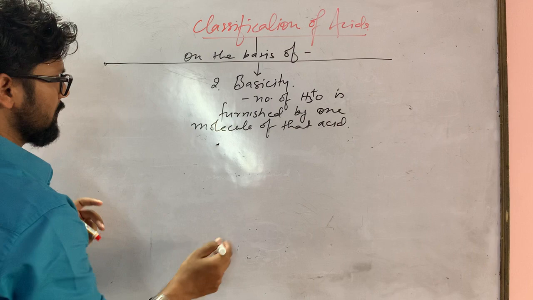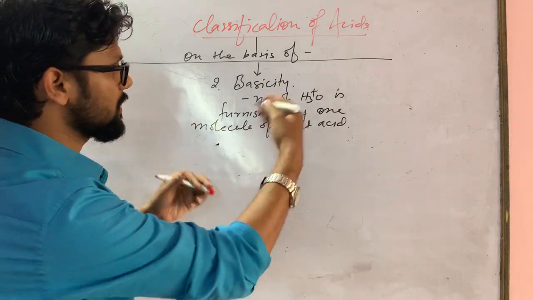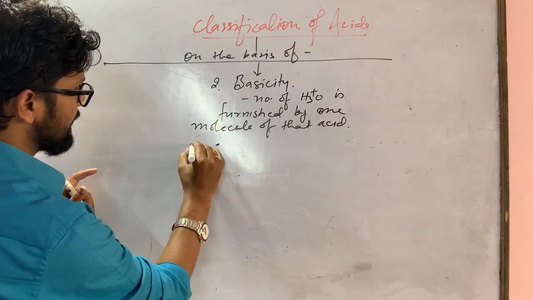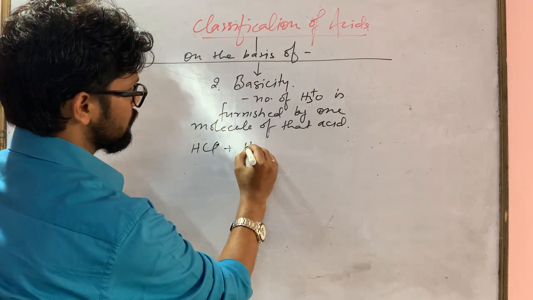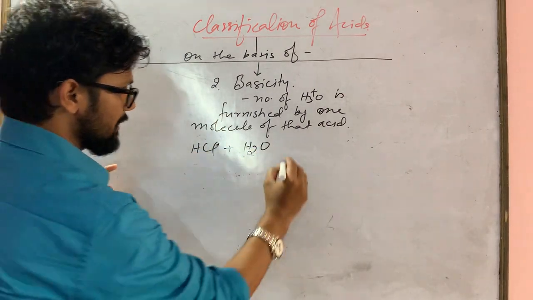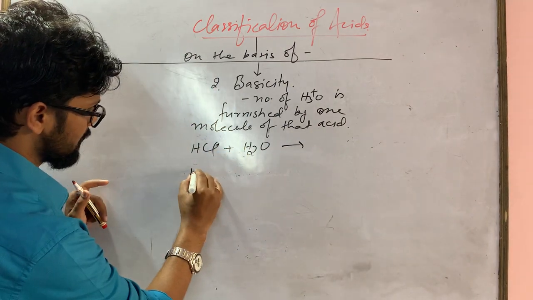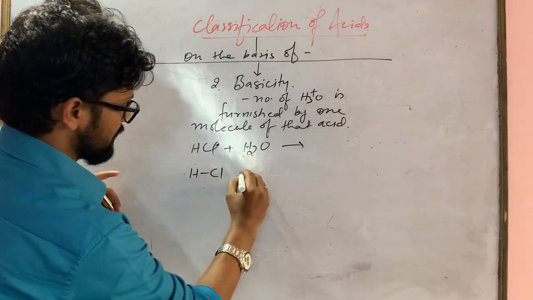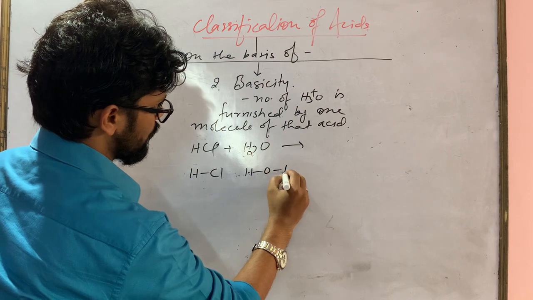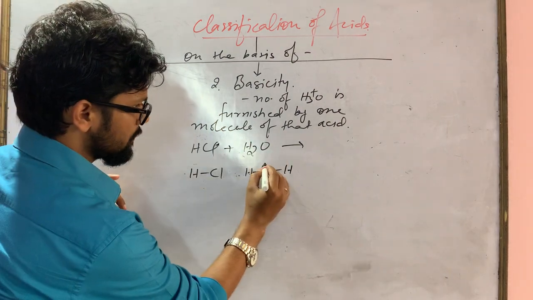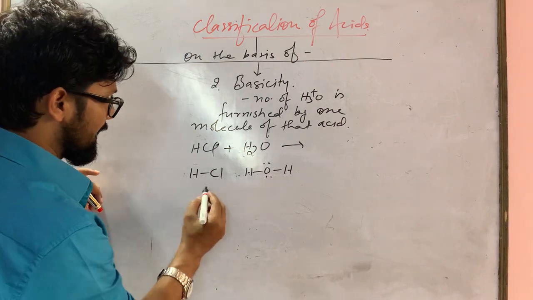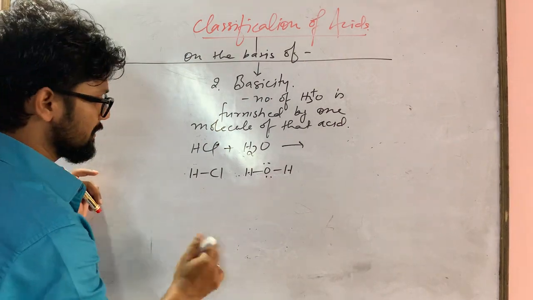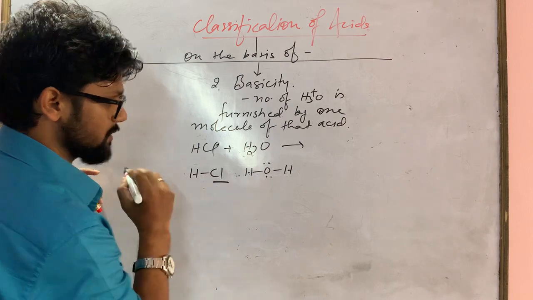One example I am giving, then I'll do the further classification on the basicity. For example, HCl. It is an acid. When it reacts with water, writing in this way, HOH. In chapter 2 we have studied that oxygen has a lone pair of electrons, and as we know from chapter 1, Cl is more electronegative.